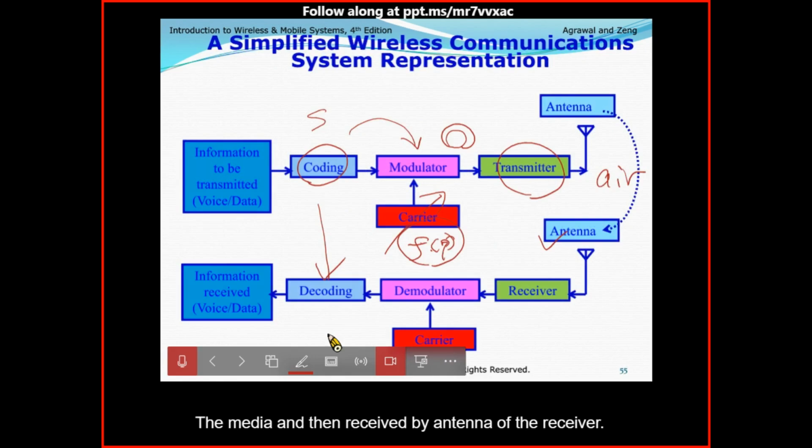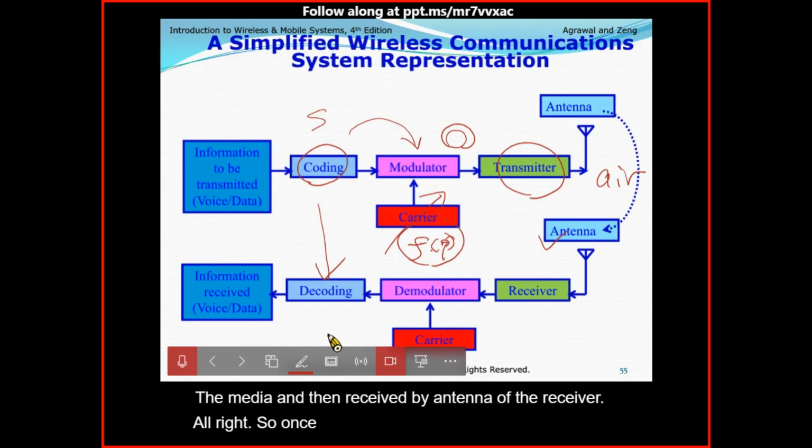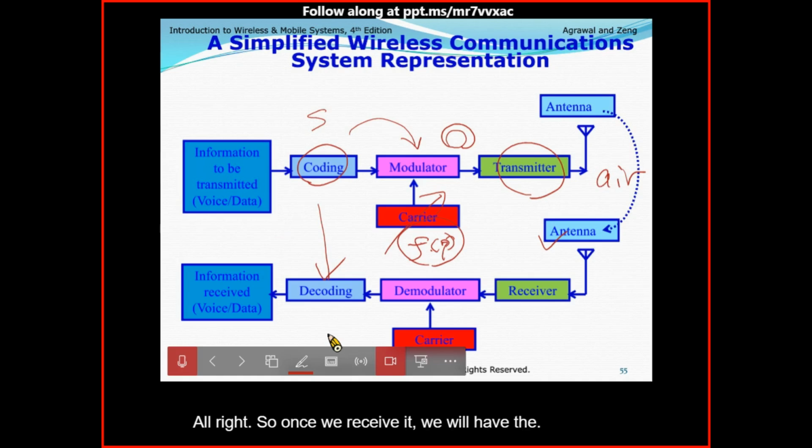Once we receive it, we will have the counterpart corresponding to the transmitter side, the demodulator and the decoding.